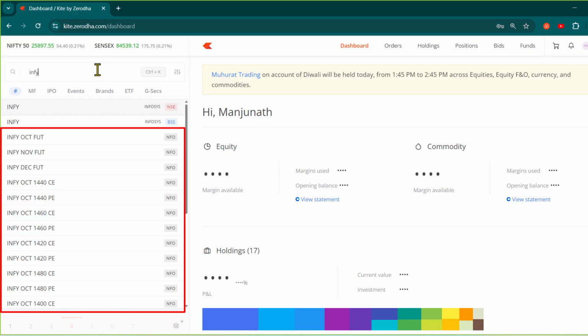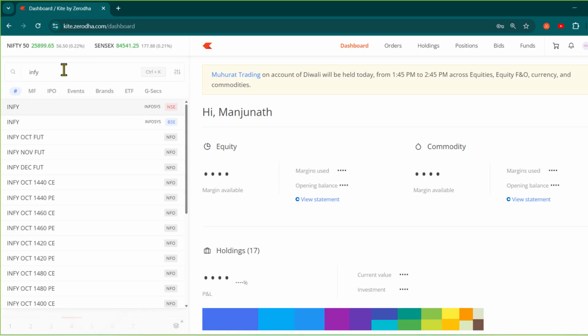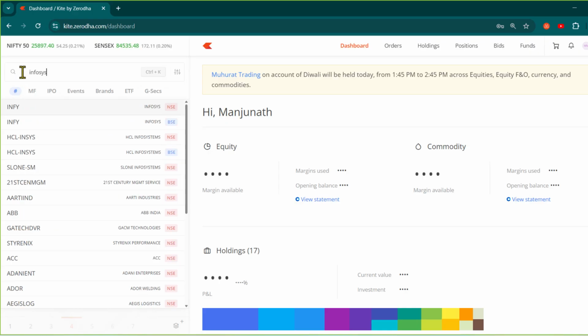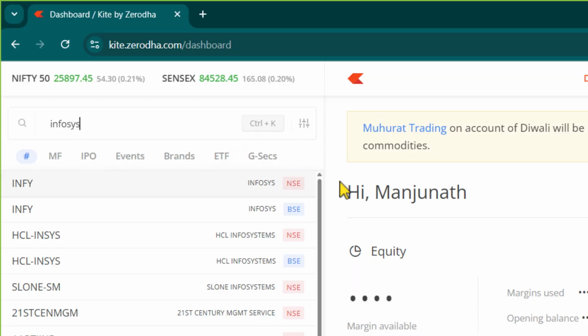futures and options. Now if I do not know the ticker, then I can just type in the name of the company. I will type Infosys, and now you can see that I get a lot of results, and from here I need to pick Infosys. Now you can see that NSE is written at the end here and BSE is written at the end here.